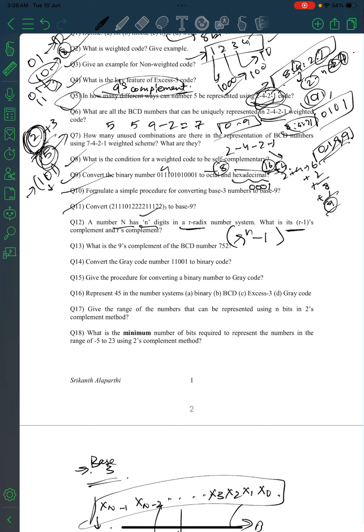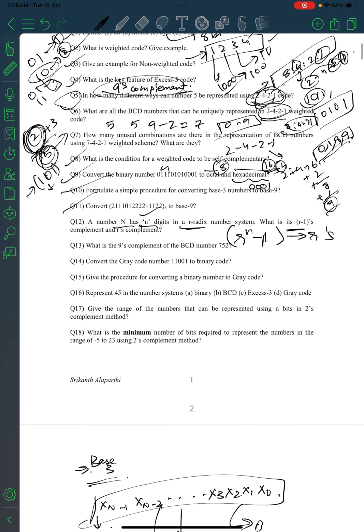And r's complement is r to the power of n. Sorry, I missed.